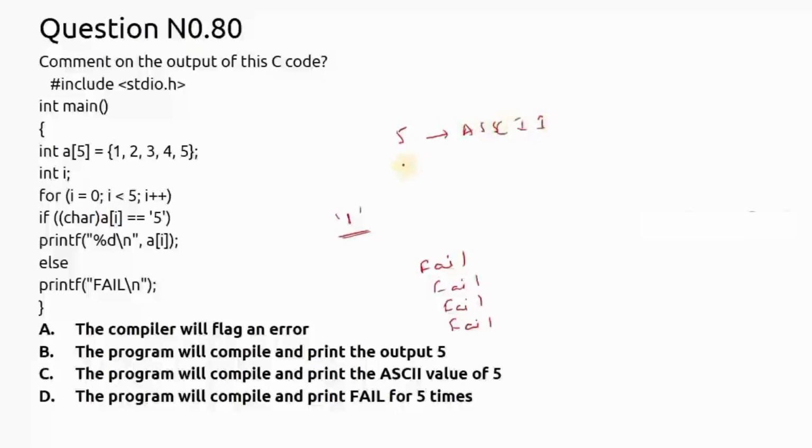Let us suppose if I take 65, the respective ASCII is capital A. If I take 97, the respective is lowercase a. What about 5? Some symbol will be there, that will be taken here. Here single quote 5, both are not equal, that's why again it prints fail. So if you see the options, the option D is the correct answer.